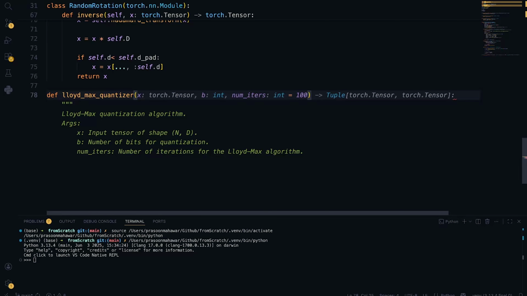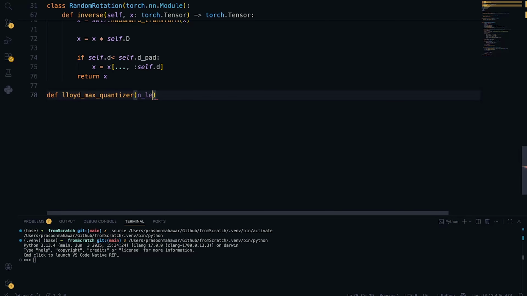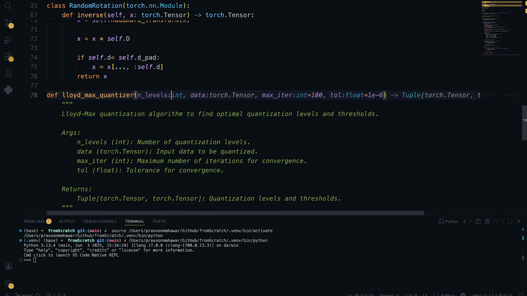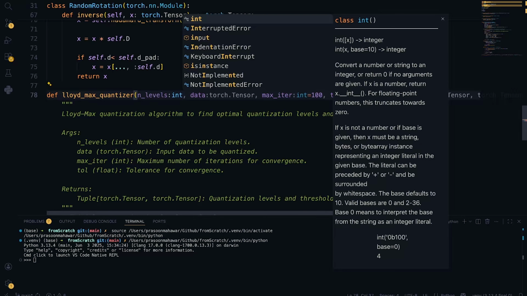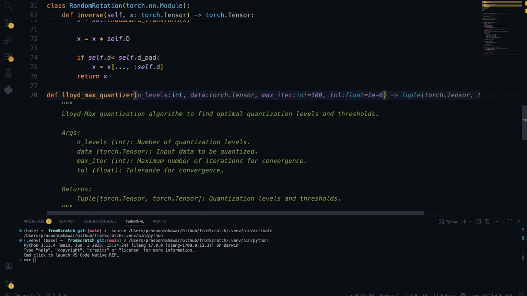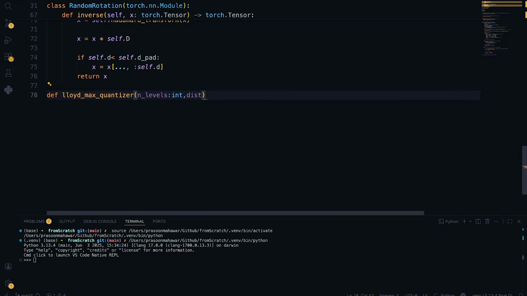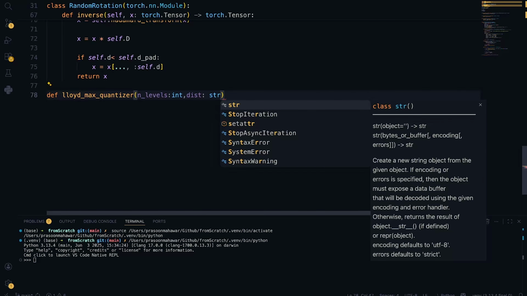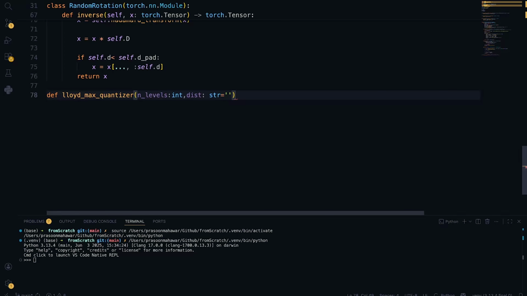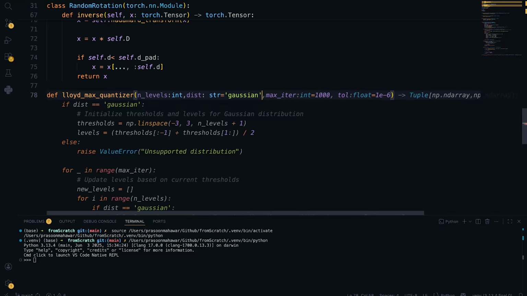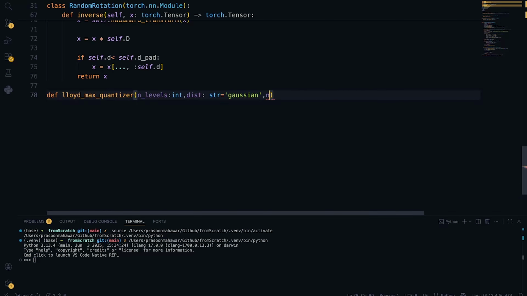This will have an input of n_levels as an integer. That is the number of levels a quantizer has to go, as we saw in the slides, like 2, 4 or 8. The distribution, that is by default a Gaussian distribution. And we will have the number of iterations to perform those two steps.